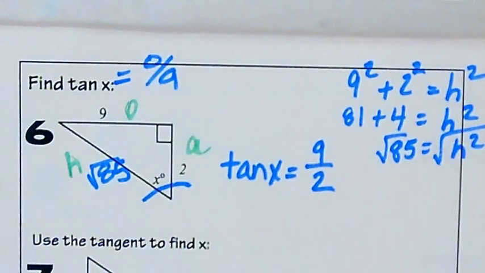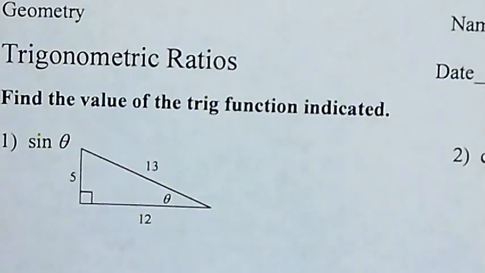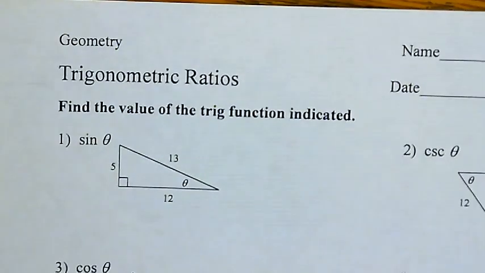If you look at the worksheet and look at all your right triangles, all of them have all three sides listed. Okay? So we don't have to use the Pythagorean theorem at all on this one.